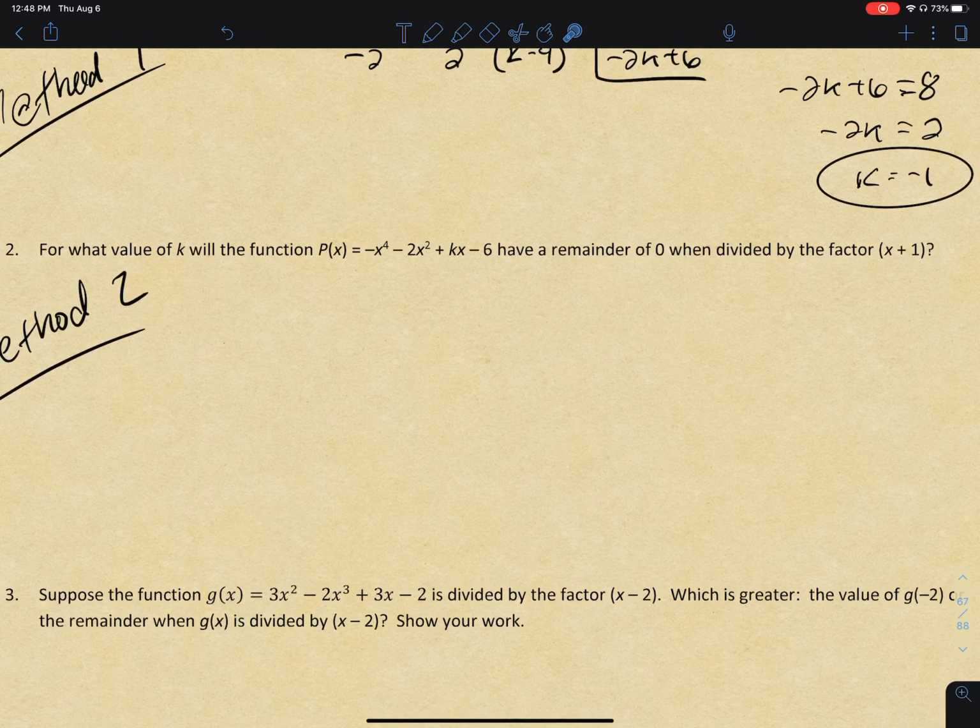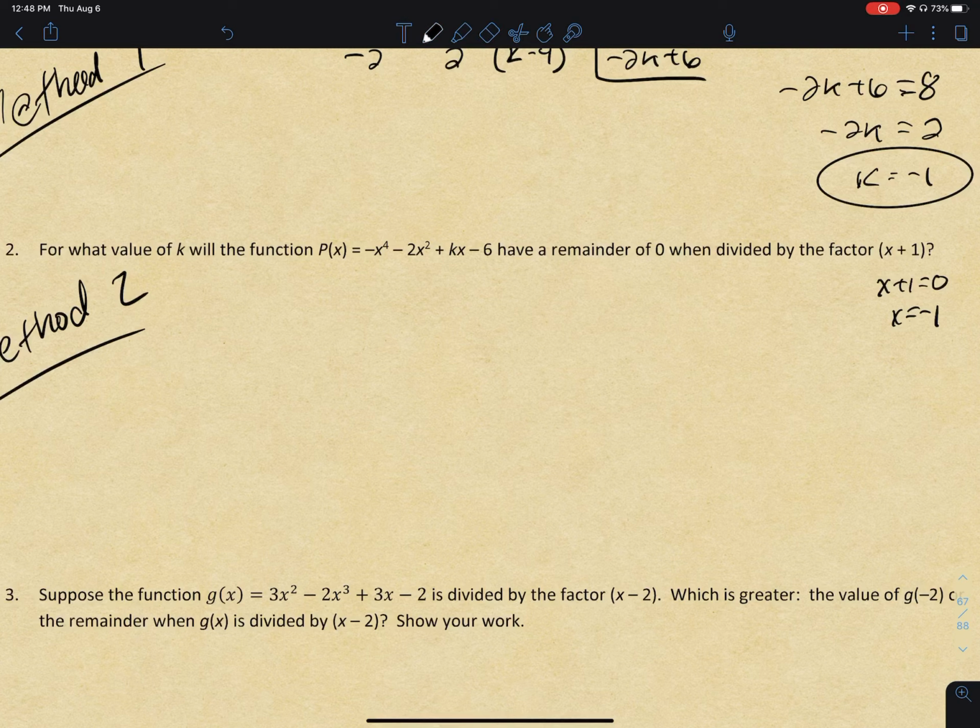if I plug into this the a value, and the a value here would be negative 1. If I plug negative 1 in for x here, and here, and here, this should give me the same answer as if I divided it synthetically, the remainder.